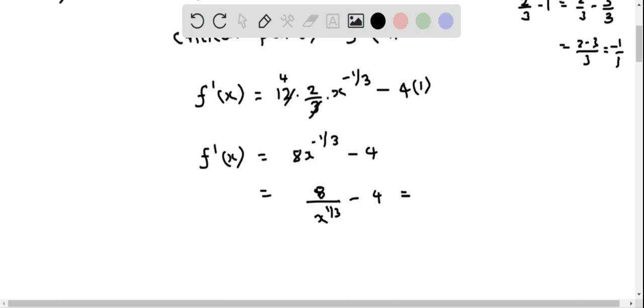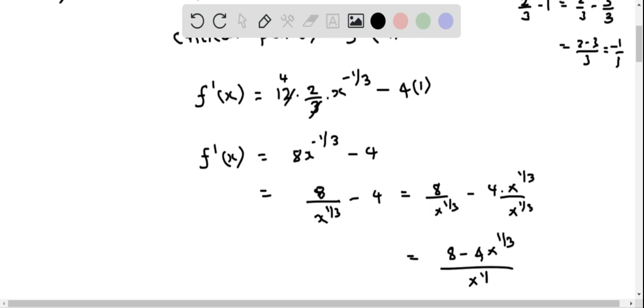We can also write this as a single fraction, that is 8 over x^(1/3) minus, we multiply this 4 with x^(1/3) and divide by x^(1/3), so that we get a common denominator. Now we have the common denominator x^(1/3). So therefore this becomes (8 minus 4x^(1/3)) divided by x^(1/3). This is f prime of x, that is the derivative of f of x.